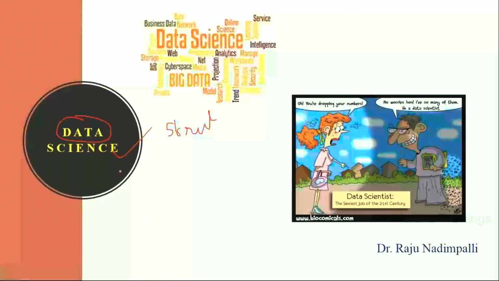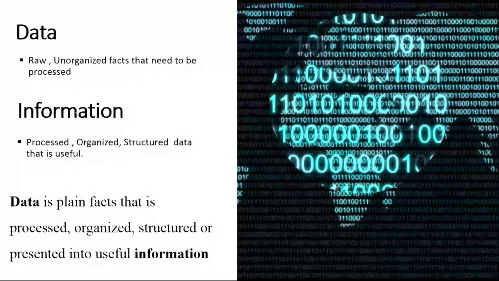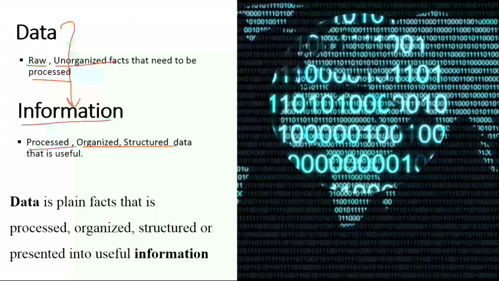But the data available on the internet is in a raw, unorganized and unstructured format. You should process this data and make it into information. Information is processed, organized and structured data that is useful for extraction of knowledge.